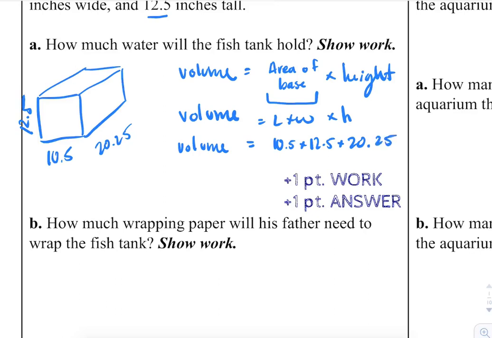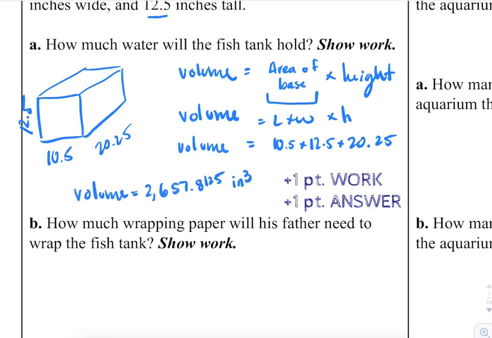We get a total volume of 2,657.8125 inches cubed.